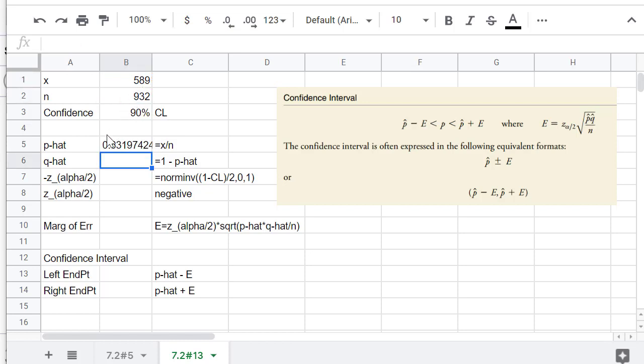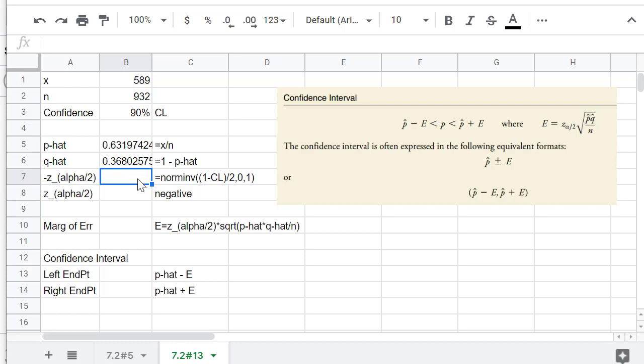So it looks like our P hat is about 63%, 0.6319. The Q hat is the complement of P hat. So I will say equals 1 minus, and I'll click on the P hat cell and hit enter.